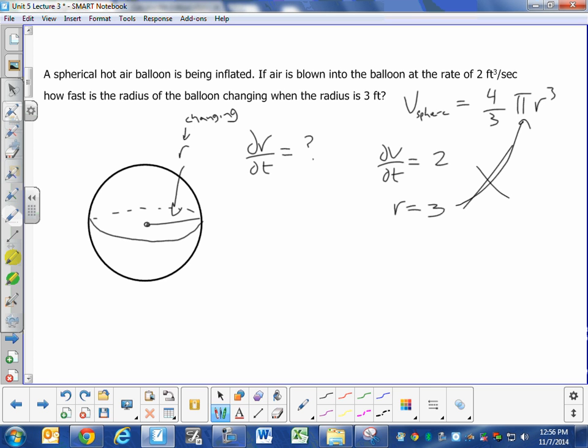Not going to do it. Instead, you will differentiate the equation first, and then you'll plug it in to find the specific change of this radius at this specific moment. Variable, don't plug in until after you differentiate.